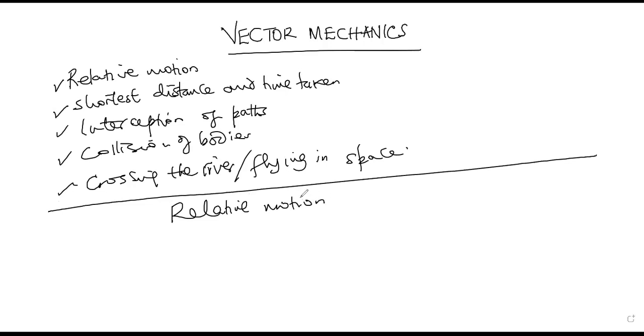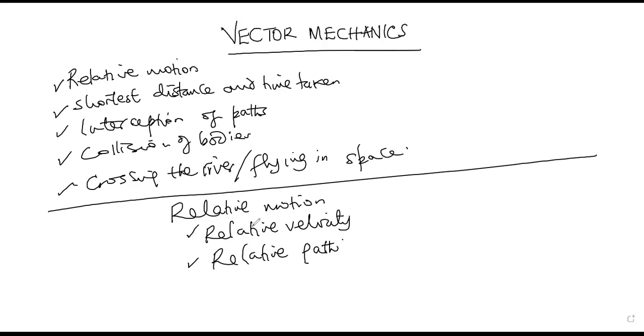Under relative motion, it also comprises 2 sections: we have relative velocity, and we also have relative path. So we are going to look at these 2 first.